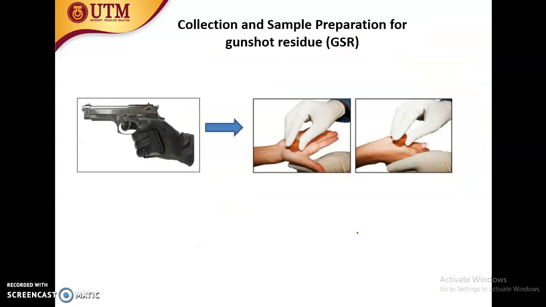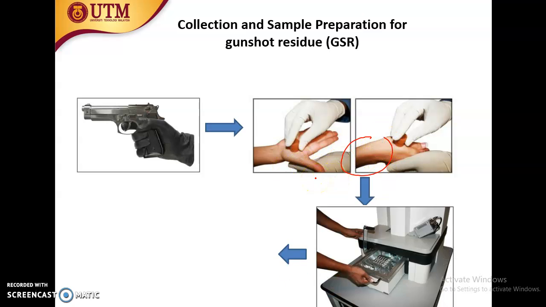So how do we sample prep? You just take the stub, rub it on the palm or at the wrist over here. You can also do it on clothing. Then put it inside the sputtering chamber, whereby you can sputter or coat with gold or platinum.